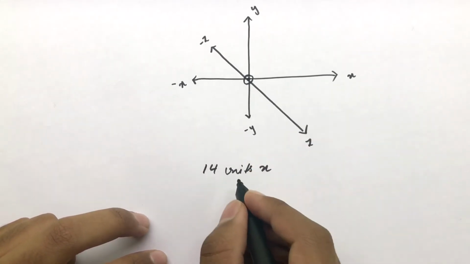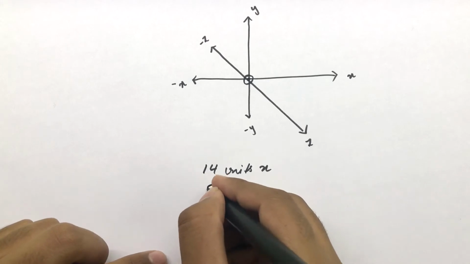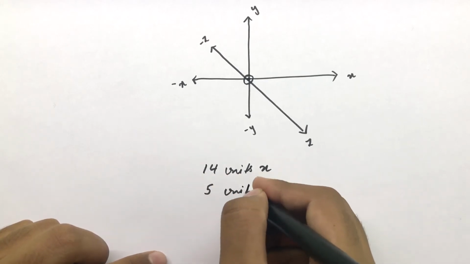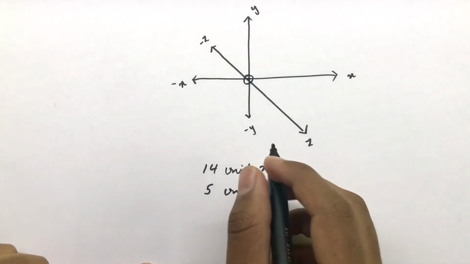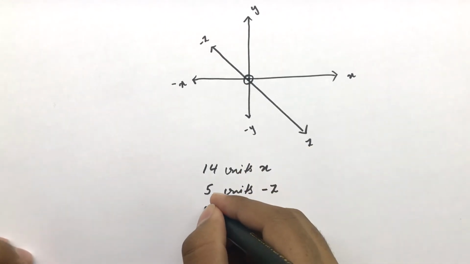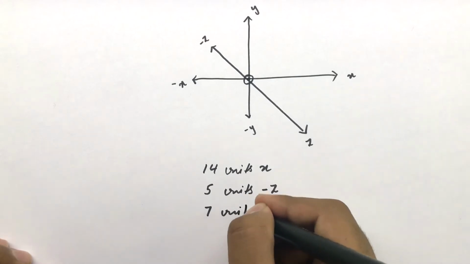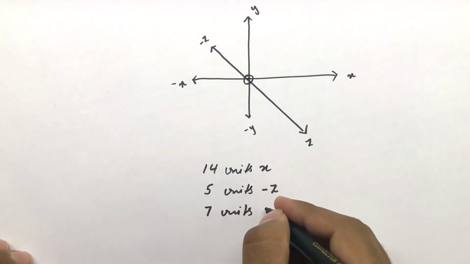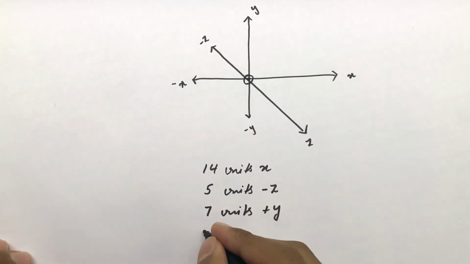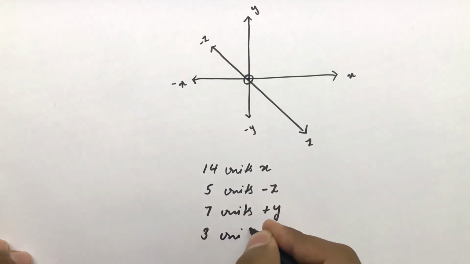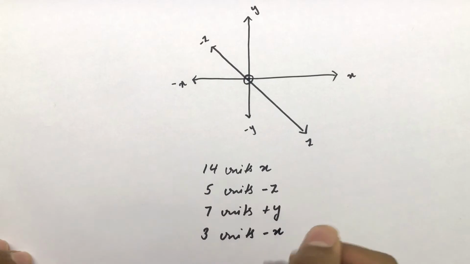Then he moves 5 units along the negative z-axis, and then he moves 7 units along the positive y-axis, and finally he moves 3 units along the negative x-axis.